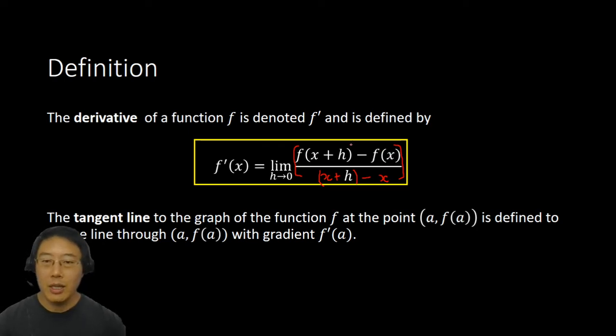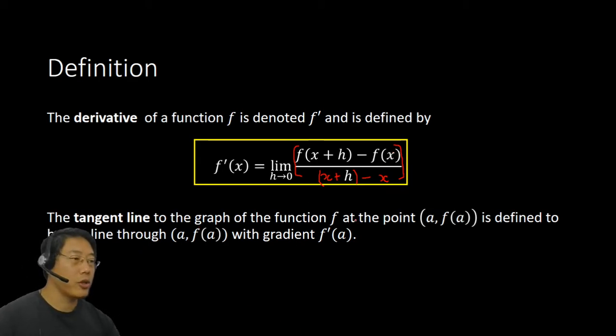To determine the instantaneous rate of change, what we need to do now is introduce a limit, and we make h converge towards 0. So that will get close to x. And then we can say the tangent line to the graph of the function f at a point a, f of a. They replace that a from that x over here, which is fine.